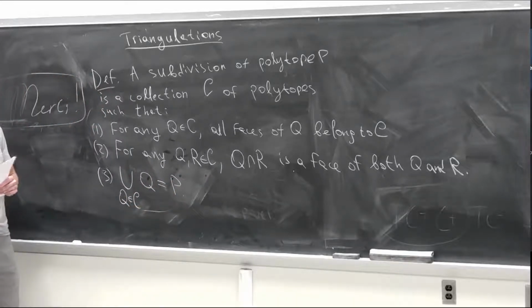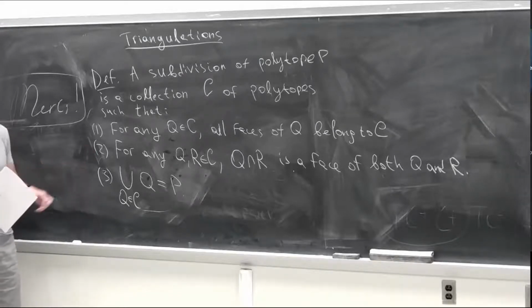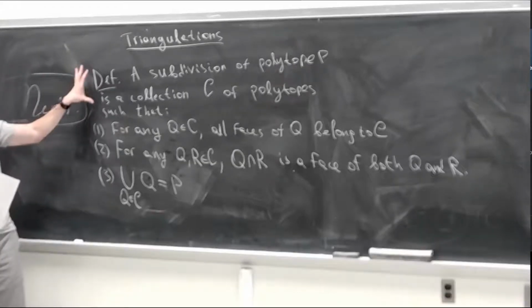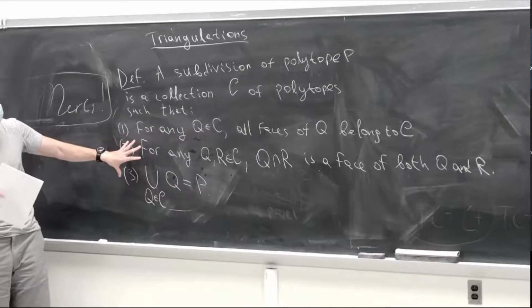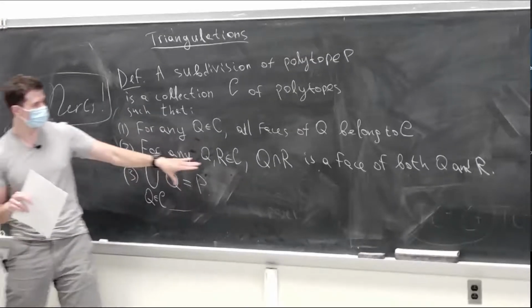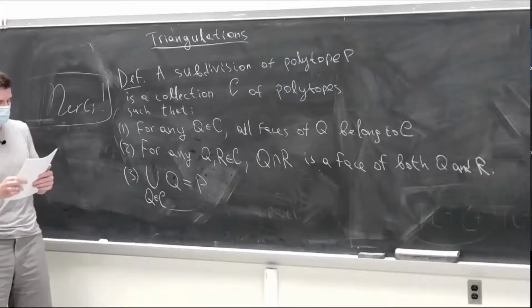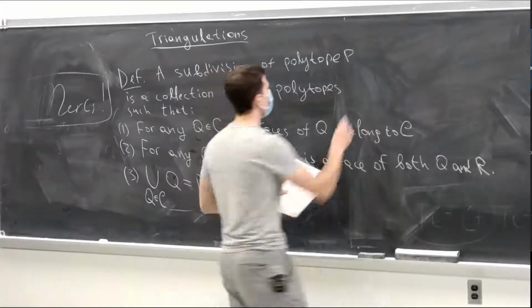So let's try to discuss this a little bit. Maybe, is there a counterexample for 2? Can you have a subdivision of a polytope into smaller polytopes such that some intersection... Oh, okay, maybe I should define the triangulation first.